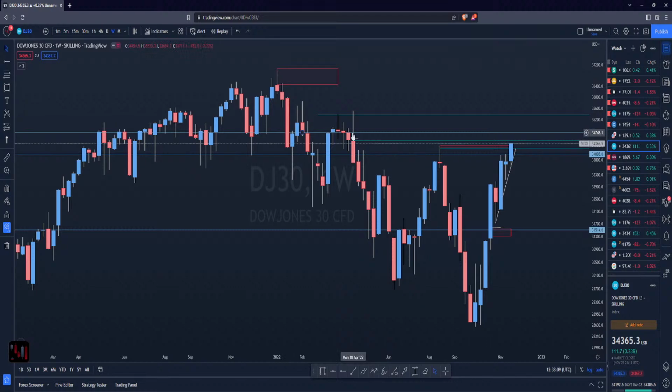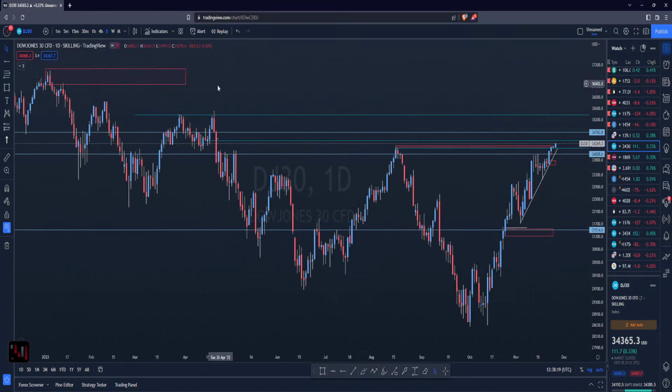It is in alignment with that zone, which is in alignment with this low. Just fix this one a little bit. Yeah, so maybe this can be a massive level.